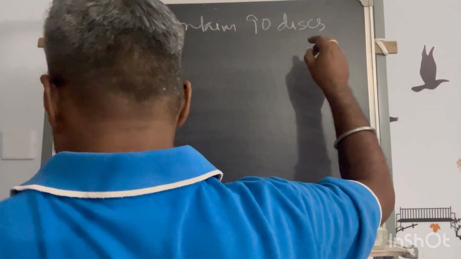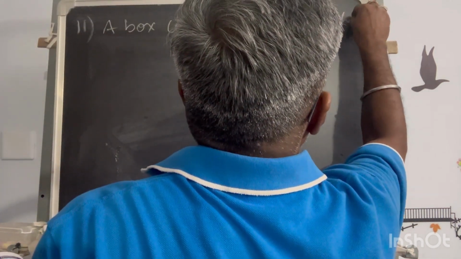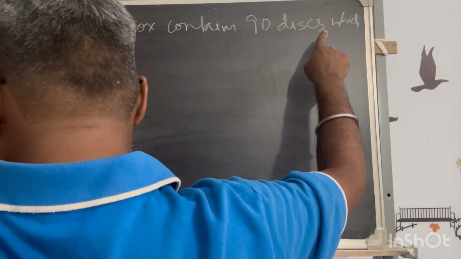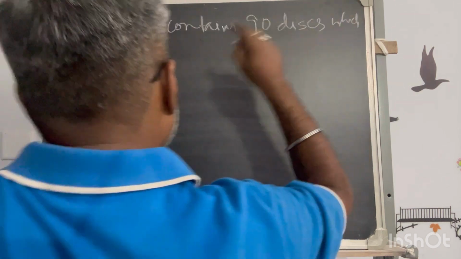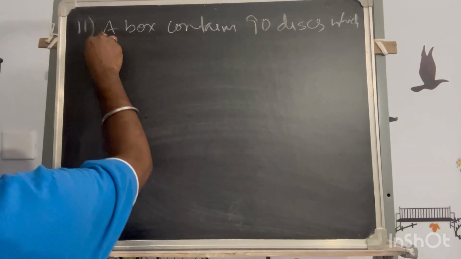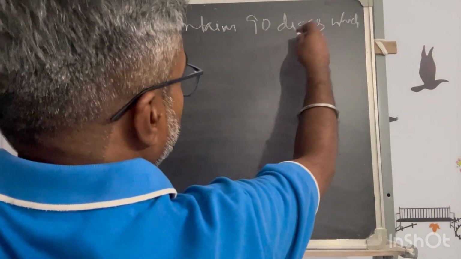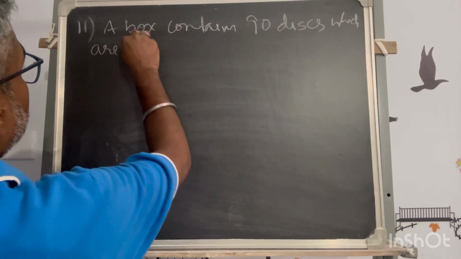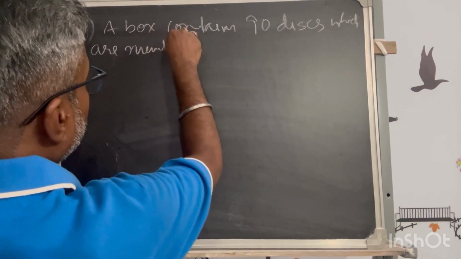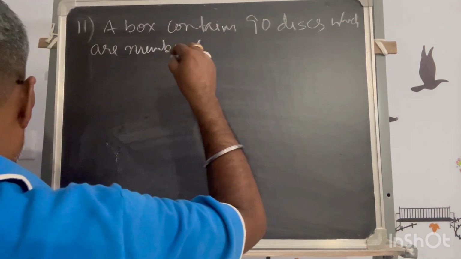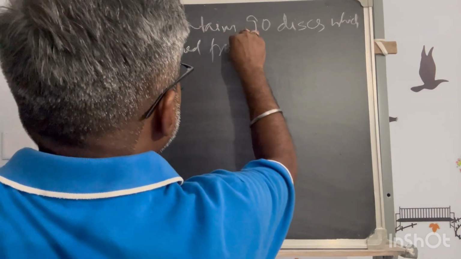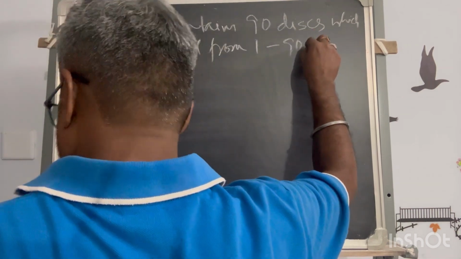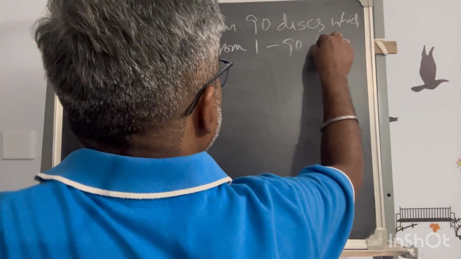Plural of disc, it is not dice actually, it is discs, which are numbered from 1 to 90, 1 for each. The number is given one for each.